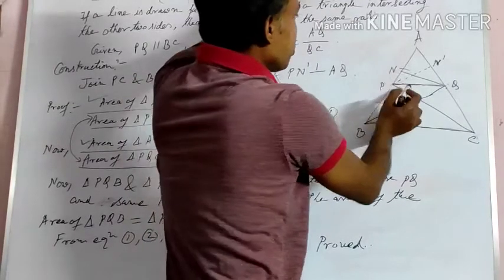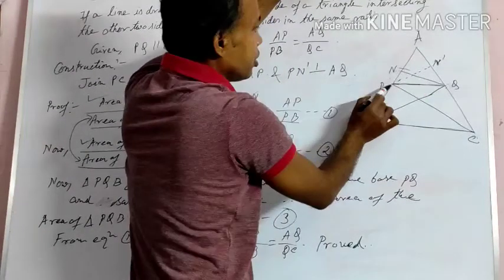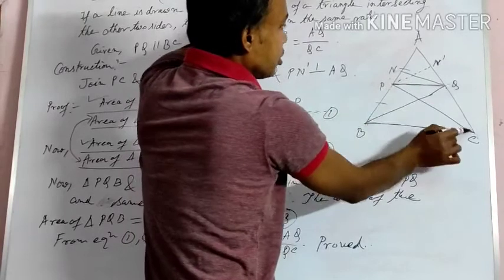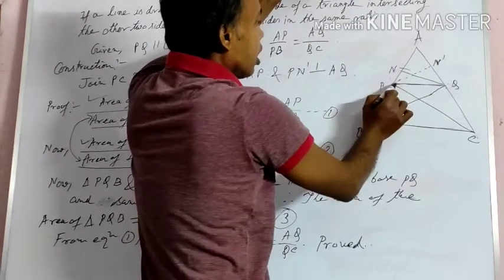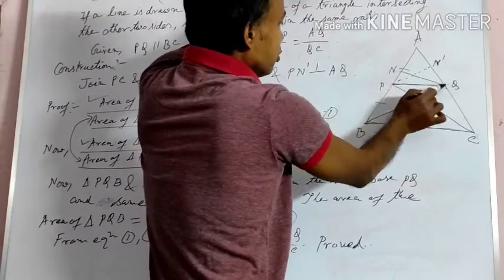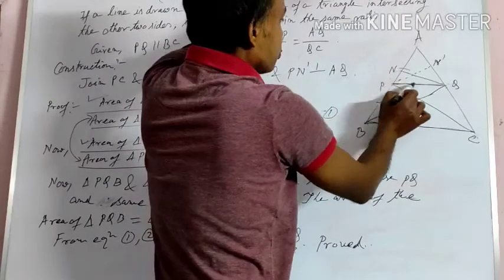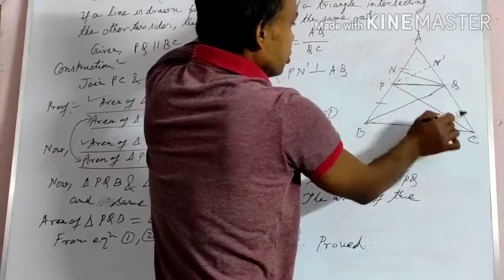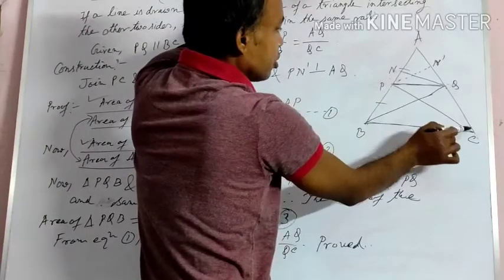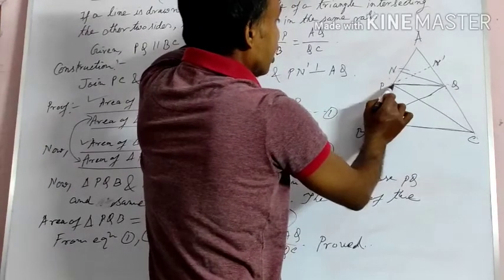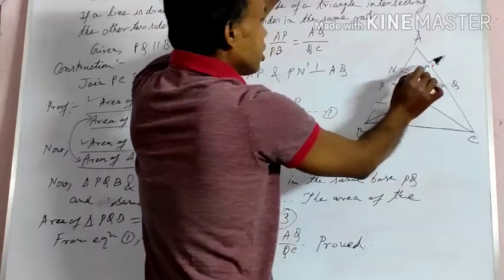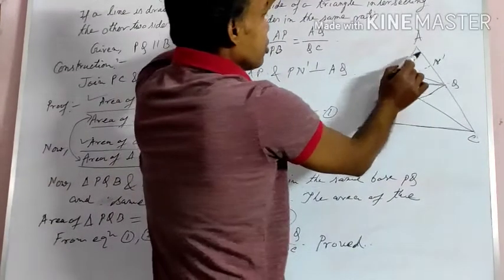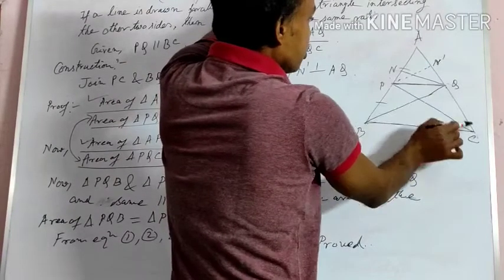Again take another two triangles, APQ and PQC. Area of APQ is half base AQ into height PS. For triangle PQC, half base QC and the same height PS. Half PS cancels out, so this will be AQ by QC.